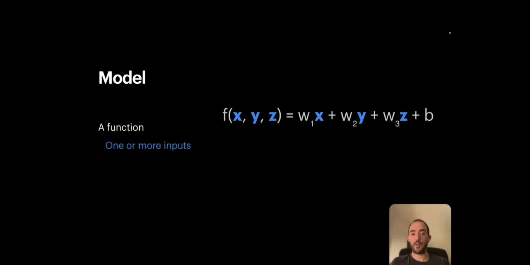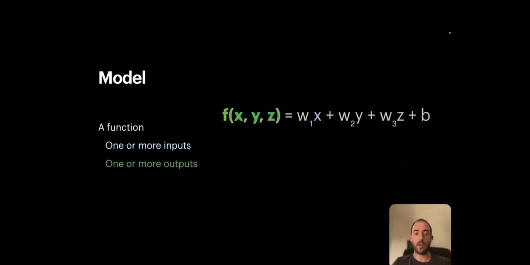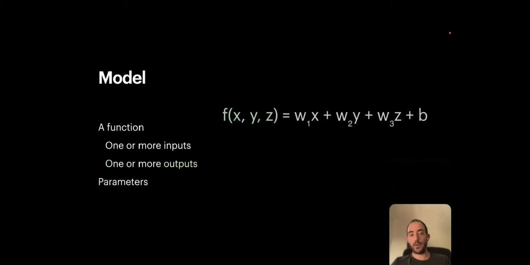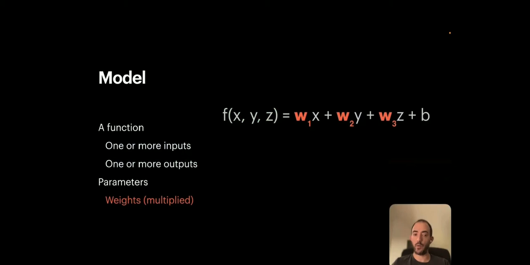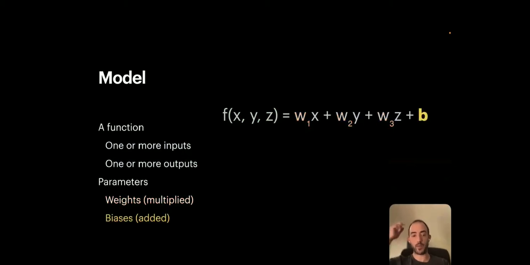This function can have one or more inputs, it can have one or more outputs, and it has various parameters. These parameters are usually broken down into two classes: weights, which are multiplied, and biases, which are added. And if the biases are negative, then they're essentially subtracted.